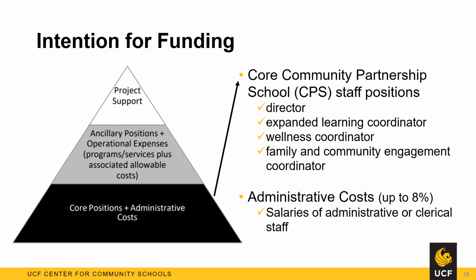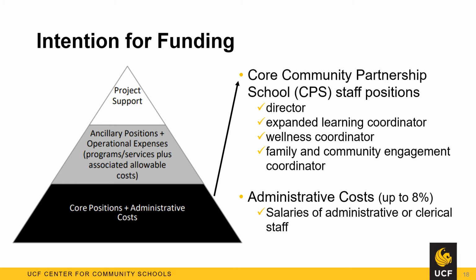The bottom and most important tier in the intention for funding are those core positions and administrative costs. So core community partnership school staff positions are the director, the expanded learning coordinator, the wellness coordinator, and the family and community engagement coordinator. You may also write in up to 8% of administrative costs, and these are to cover salaries of administrative or clerical staff.